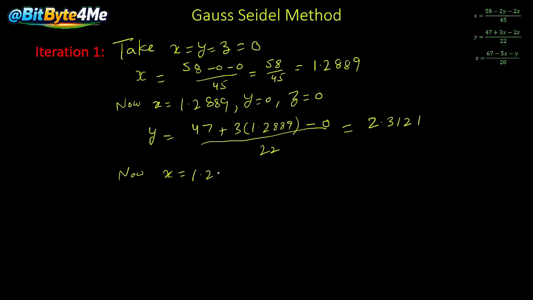x is 1.2889, y is equal to 2.3121, z is equal to 0.